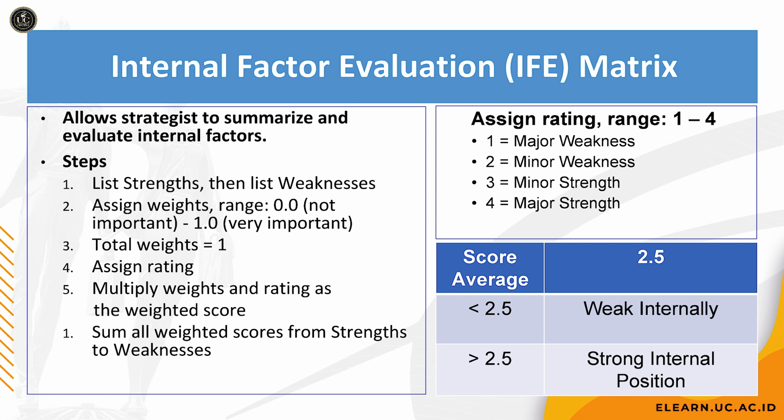So the company has to work hard to figure out which weaknesses need to be reduced and which strengths need to be upgraded. Whereas if the score is above 2.5, it means that the company has a relatively strong internal position. It doesn't mean that no improvement is needed. You should always try to improve your strengths and also reduce the weaknesses of the company.